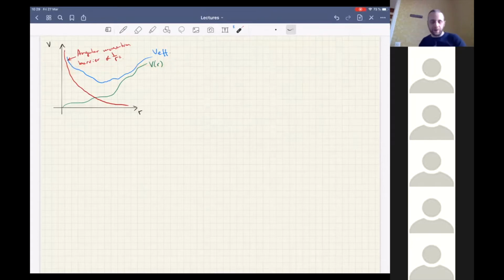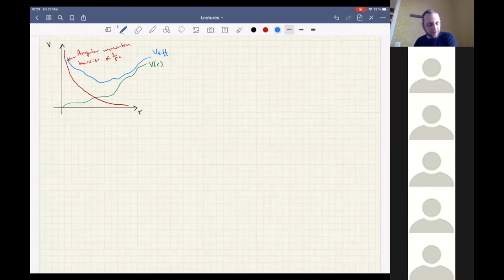You cannot go lower in r. This of course always happens as long as your original potential does not diverge faster than 1 over r squared. If it diverges faster than 1 over r squared, then you will be able to reach r equals 0. But we don't have many such potentials in nature.